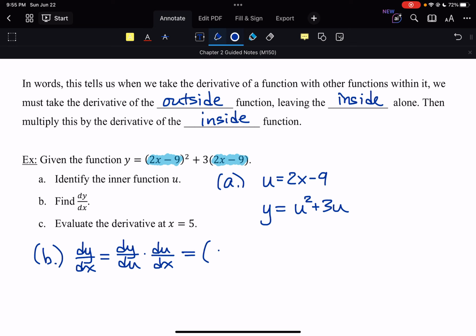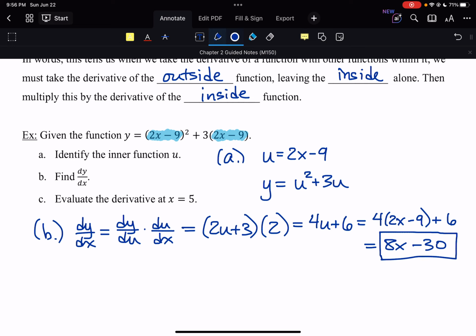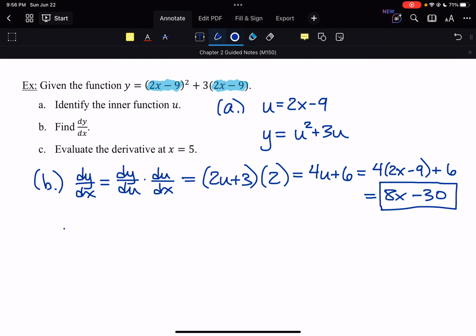Derivative of y with respect to u, that's 2u plus 3. Derivative of u with respect to x is just 2. So we get 4u plus 6. U is 2x minus 9, so we get 4 times (2x minus 9) plus 6. So that's 8x minus 30.